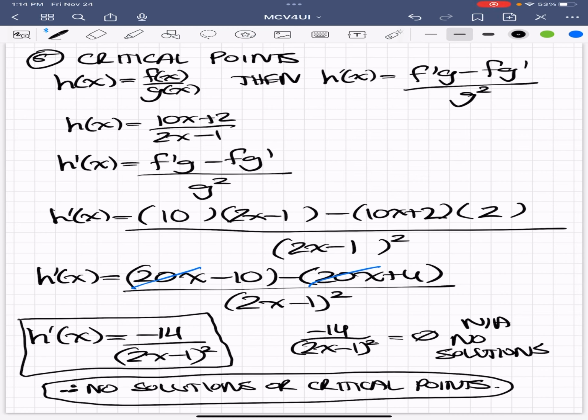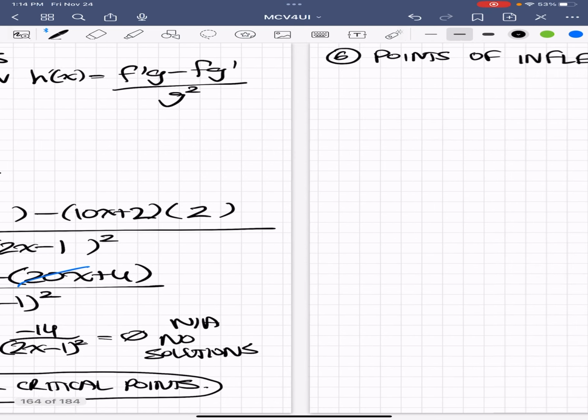So the answer is no solutions or critical points because you can't solve for x with the derivative that we found. So no solutions is actually quite common with rational functions, but moving on to points of inflection.